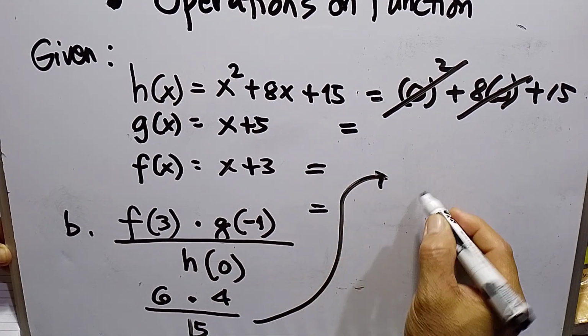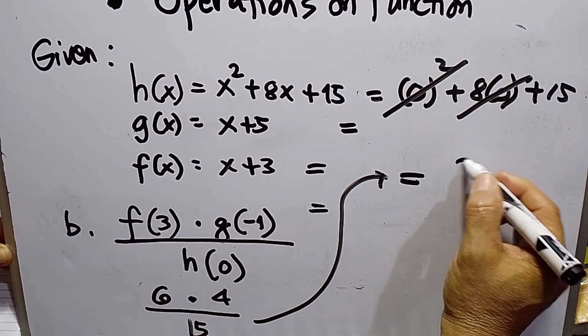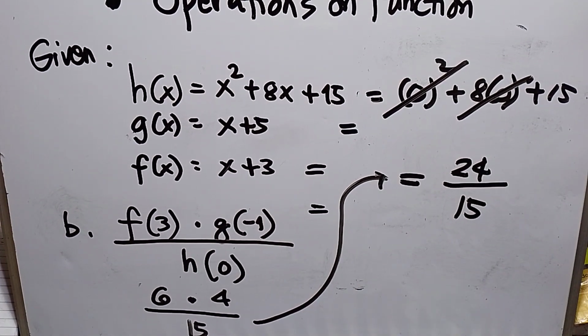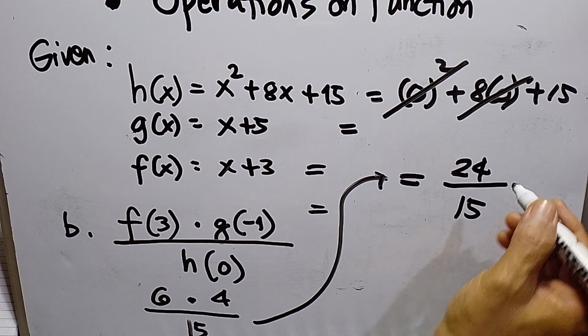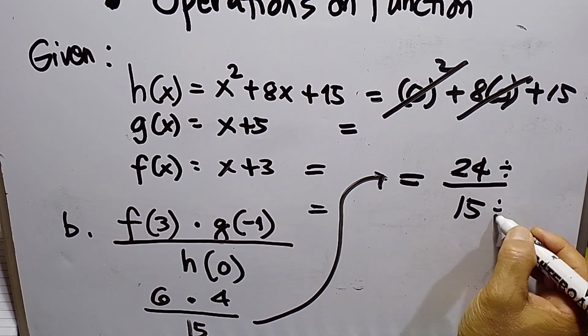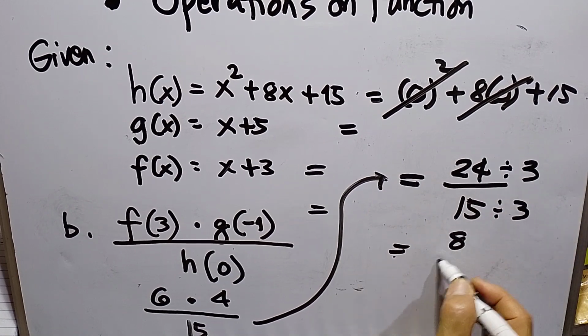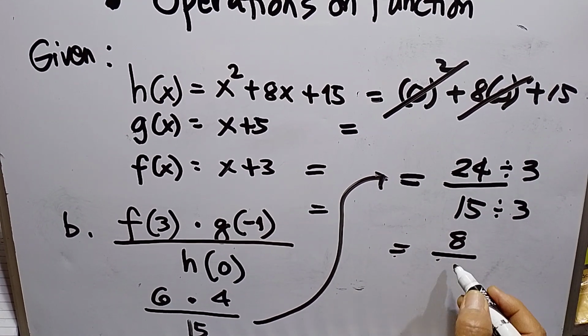Okay, so this will be 6 times 4 is 24, over 15. Can we reduce 24 and 15? Yes, by dividing by 3. So 24 divided by 3 is 8, and then 15 divided by 3 is 5.